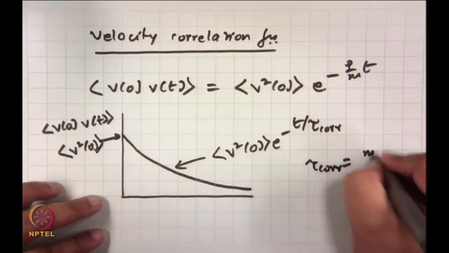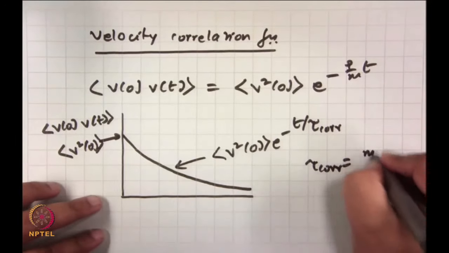So, what does tau correlation say? Tau correlation says, if this is tau correlation, this is the time at which correlation decays to 1 by e of its original value.